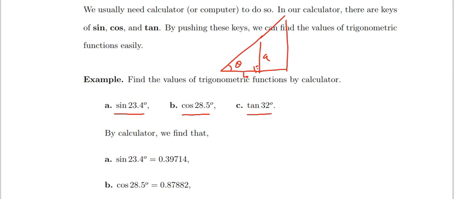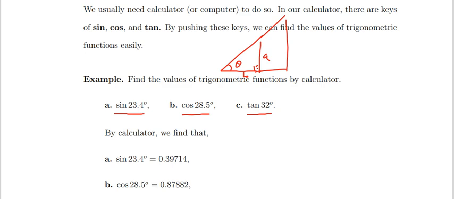For those kinds of problems, we just use our calculator. In our calculator, we should find that sine 23.4 degrees is 0.39714, just like that.